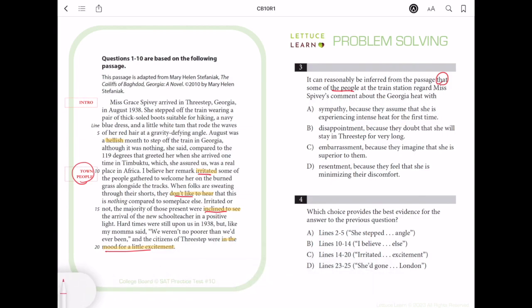Based on irritated, we can easily cross out sympathy and embarrassment. Looking at the remaining 2 answer choices compared to don't like to hear, we can tell that it's about how they feel, not how they doubt something. Therefore, we know that the answer is D. Now, irritated was in line 10, and don't like to hear was in line 13, so the paired question automatically is solved.